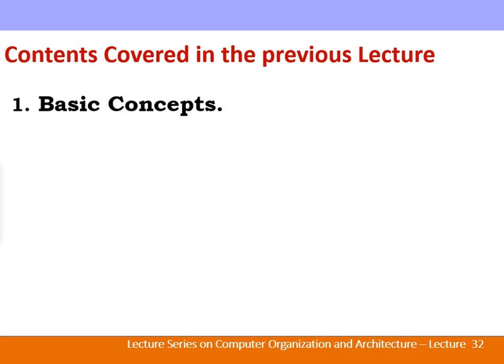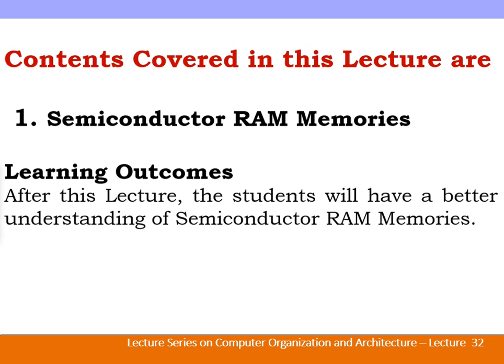We also discussed important points like memory cycle time and memory access time, along with different types of memory like main memory, that is RAM, as well as cache memory and virtual memories.